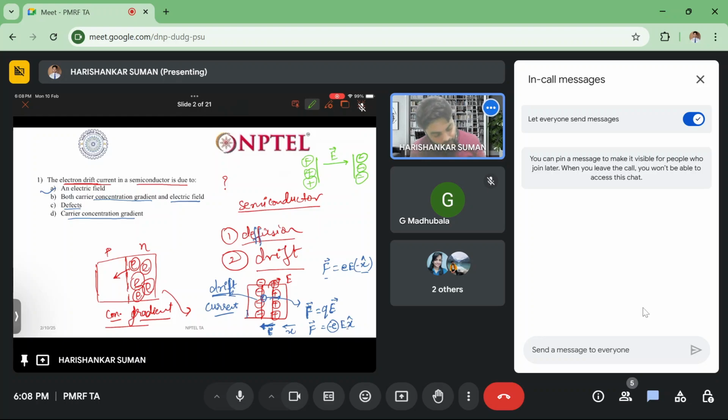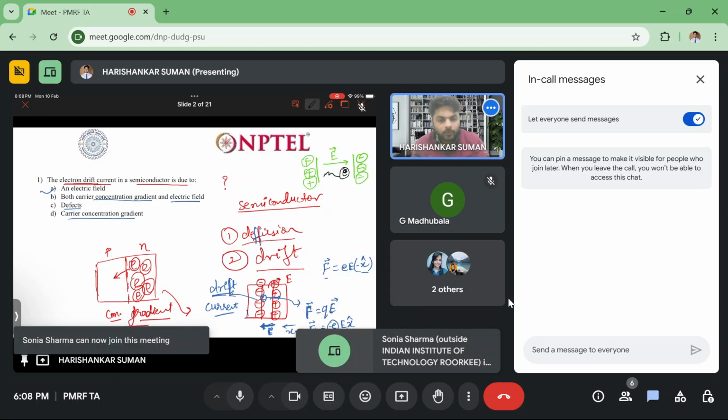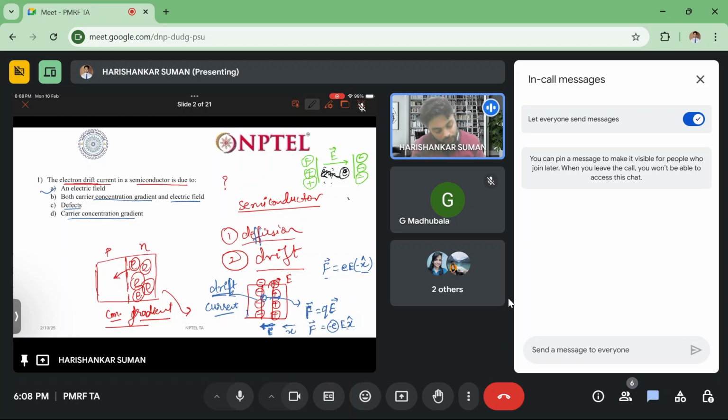Let's say you have an electron somewhere. If so many particles or electrons are there, the motion will be zigzag like that of the electron, maybe something like that.